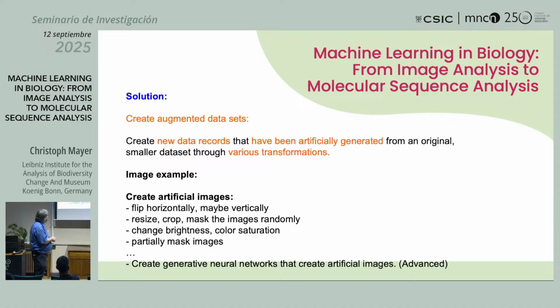And actually, one very advanced thing here is to use neural networks to create new images with a combination of features. These are generative neural networks, like the ones you've seen, artificially generated images, art images. They can also be used for what is called data augmentation. This is very important.